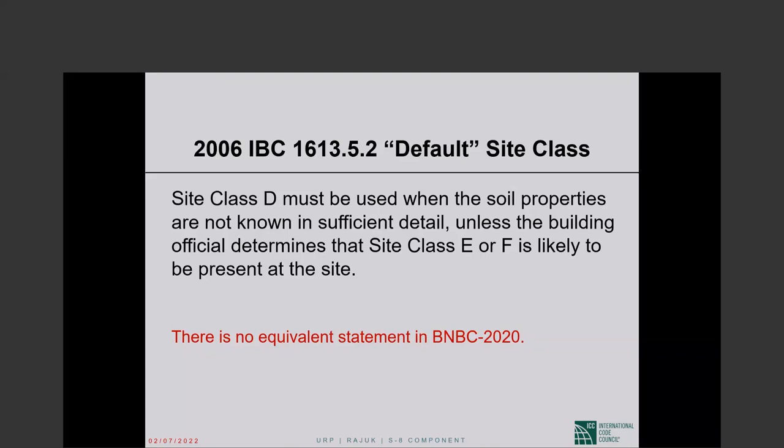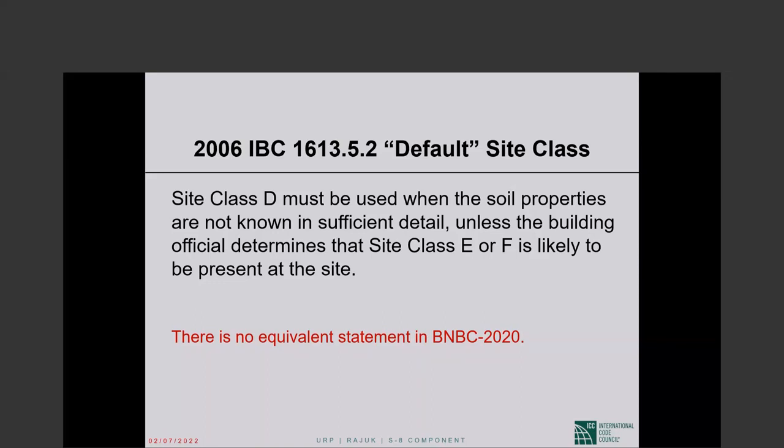Okay, and we allow the standard penetration resistance or the undrained shear strength, basically because the shear wave velocity is not always easy to determine. Depending upon the place, you may not have a contractor able to do that.